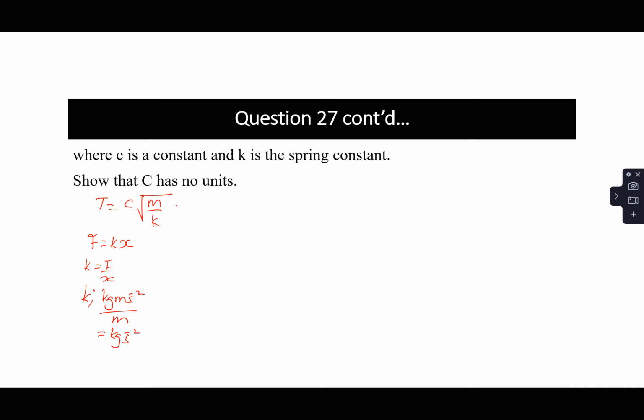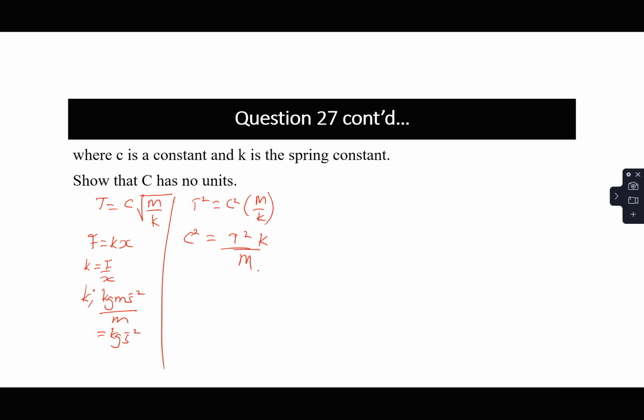That one we have already established. And then we make C the subject. Squaring both sides, we have T squared is equal to C squared into M over K. So I make C the subject, so C squared is equal to T squared times K over M.